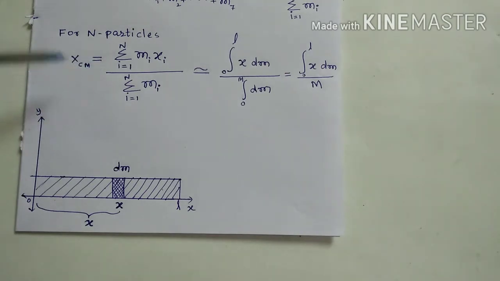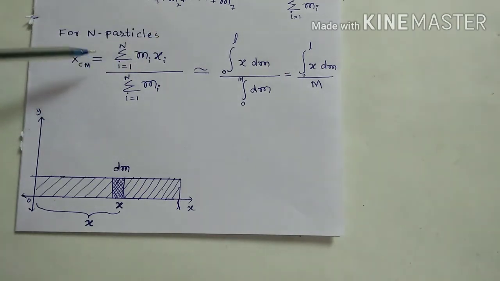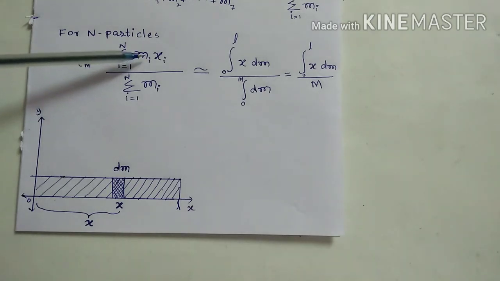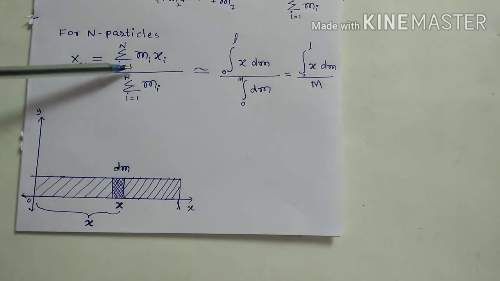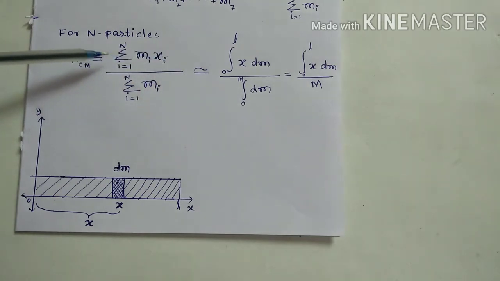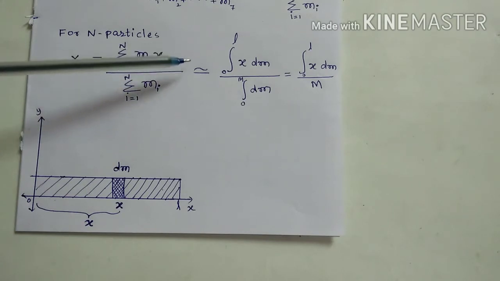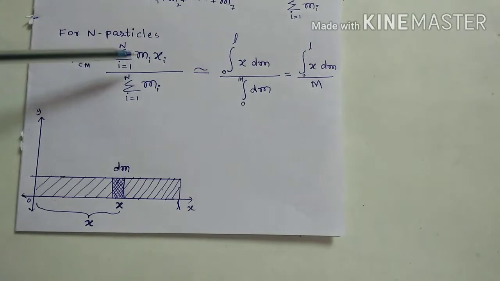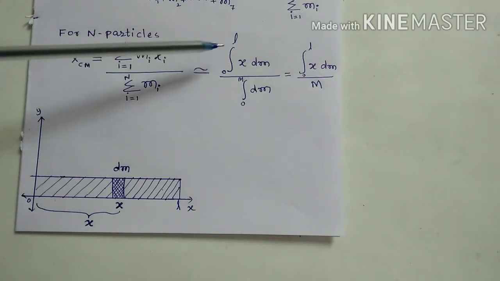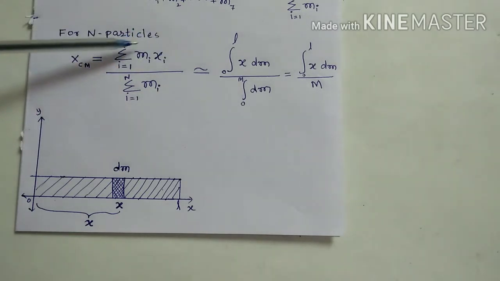The summation means you are adding the term mi xi. Suppose i equal to 1 you put, so m1 x1, plus i equal to 2 you put, m2 x2. So this is nothing but m1 x1 plus m2 x2 plus m3 x3 and so on for n particles. So the summation means you are putting plus in the middle. That is why you are writing the symbol.